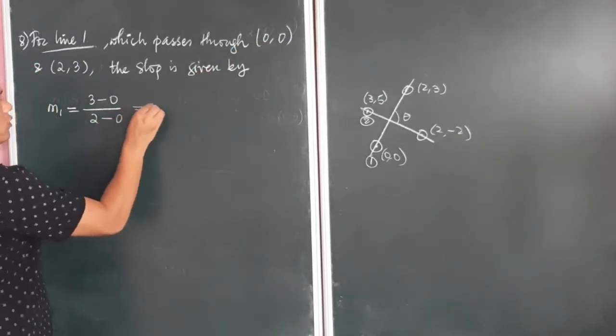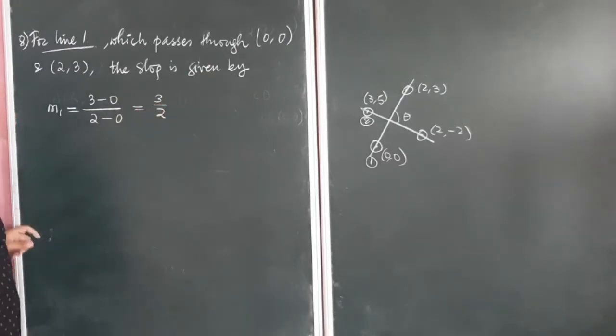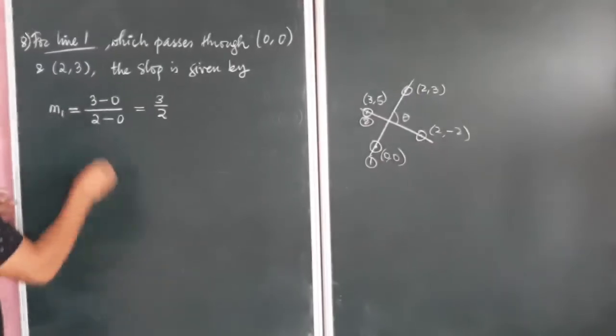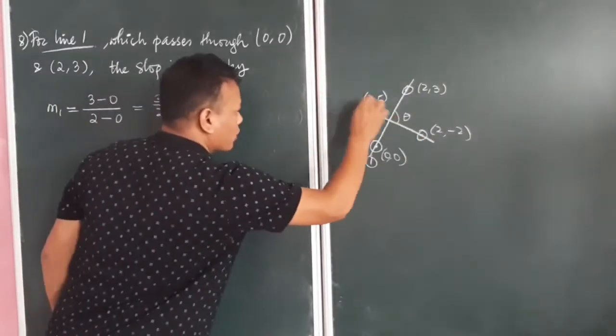Okay, so this is equal to 3 by 2. So the slope of this particular line is 3 by 2. Now let us see what is the slope of line 2.